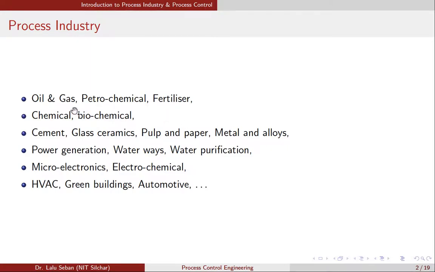In addition, there are n number of industries that can be clubbed as process industry: petrochemical, fertilizer, chemical, biochemical, cement, glass, ceramics, pulp and paper, metals and alloys, power generation, waterways, water purification, microelectronics, electrochemical, heating, ventilation, and air conditioning in big malls, trains, aeroplanes, green buildings, automotive. The list is very large. Process industry provides very good job opportunities for engineers.